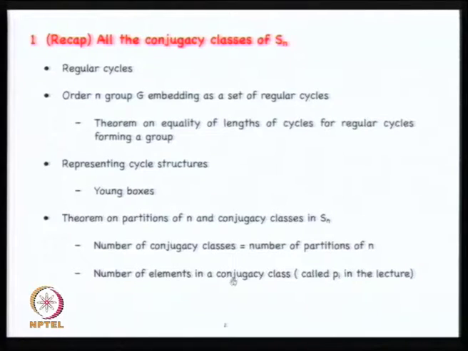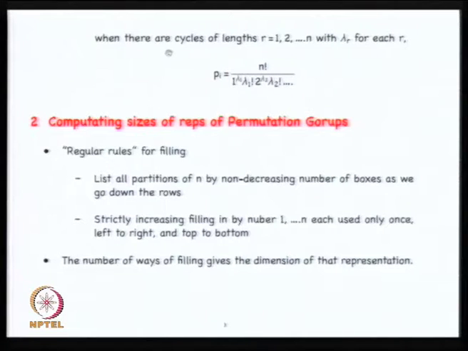The number of elements in a particular conjugacy class we had designated p_i while we discussed the theorems about orthogonality, the sum over p_i times the character of that class squared, etc. So, that p_i can be calculated as follows. Suppose I have a particular class which contains cycles of length 1, 2, 3, up to a maximum cycle of length n, and suppose there are lambda_r cycles of size r.